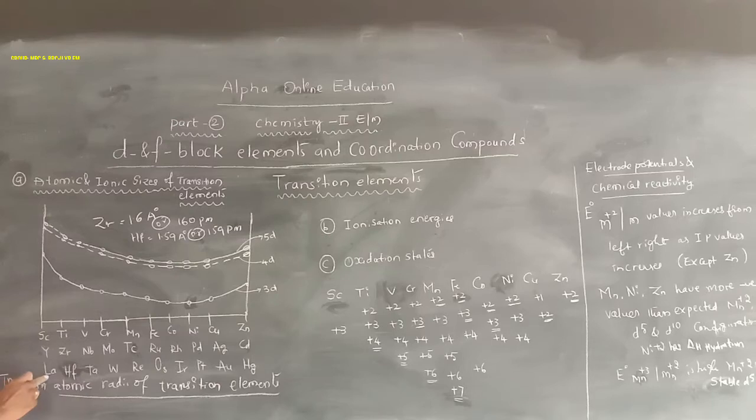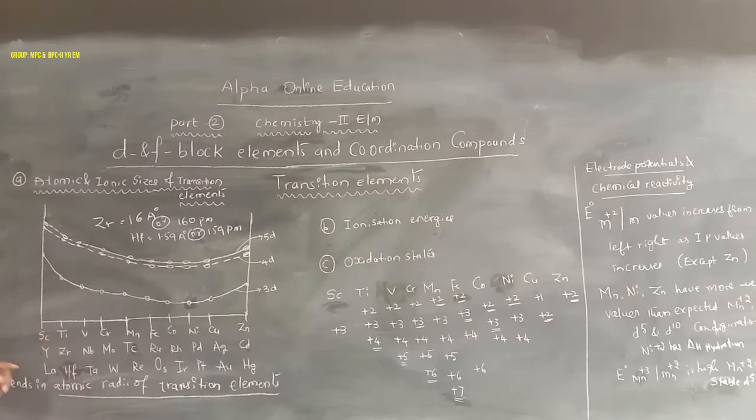After lanthanum, the 58th electron does not enter the n-1 d orbitals. The differentiating electron enters the 4f orbitals.